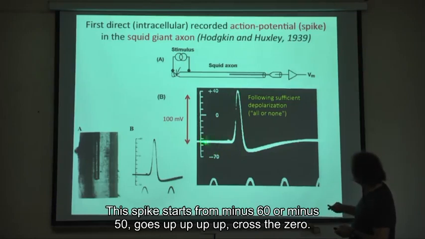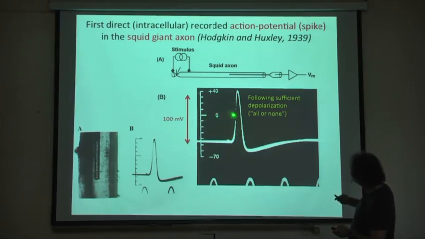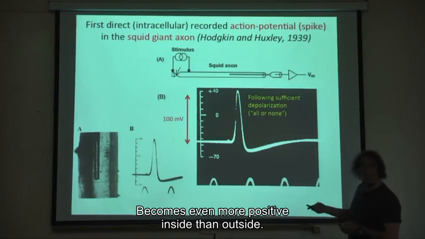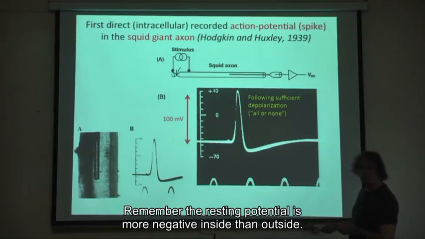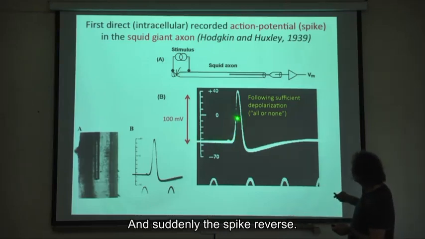This spike starts from minus 60 or minus 50, goes up, up, up, up, crosses the zero, becomes even more positive inside than outside.